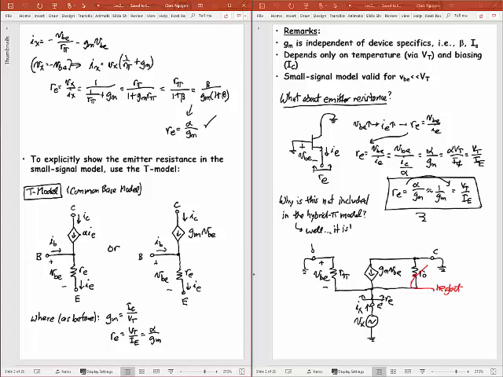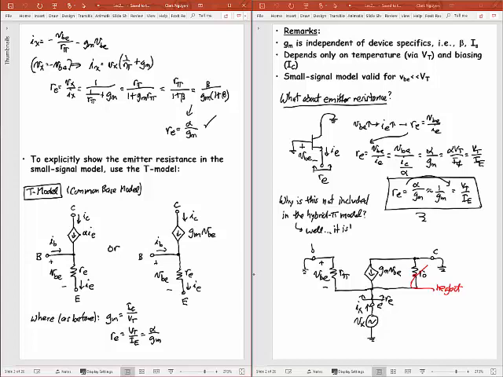But you explicitly include the little RE, and instead of a voltage controlled current source up here, you now use a current controlled current source where this IE current controls that collector current, and you know that they're related to one another by alpha, and so that's why that's alpha times IE. You can also, if you want, express this current source as GM times VBE. That's that same current source.